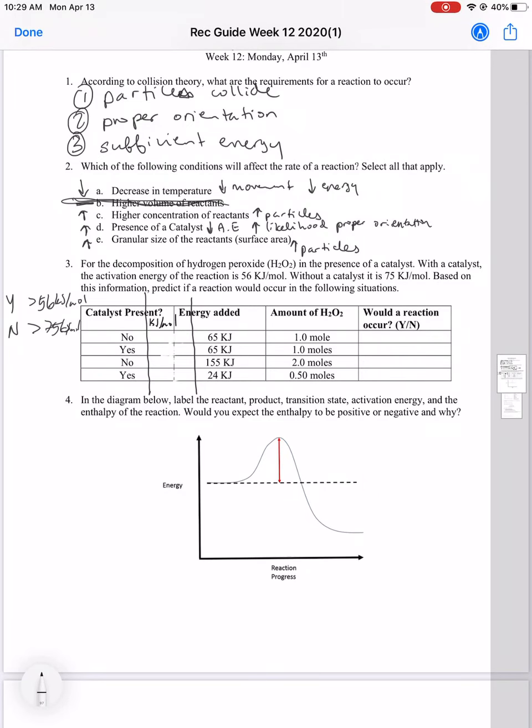What I'm going to do is divide the amount of energy added by the number of moles. So 65 kilojoules divided by 1 mole is just 65 kilojoules per mole. Again, 65 divided by 1 mole is 65.